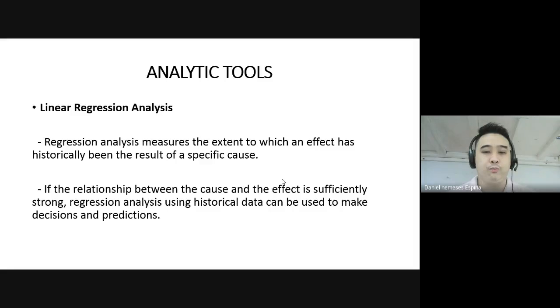Okay? So if the relationship between the cause and effect is sufficiently strong, regression analysis using historical data can be used to make decisions and predictions. So it is not enough that the findings of our studies are correlated.